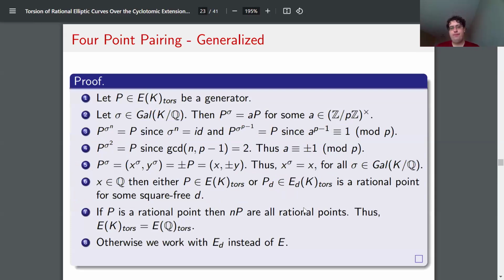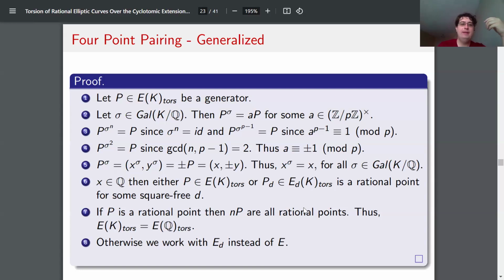Okay, so now I will only consider the orbit of one point. I take a torsion point, it generates the torsion group. I act on it. So it must be a multiple of itself because its image is also a torsion point. Let's say it is a.